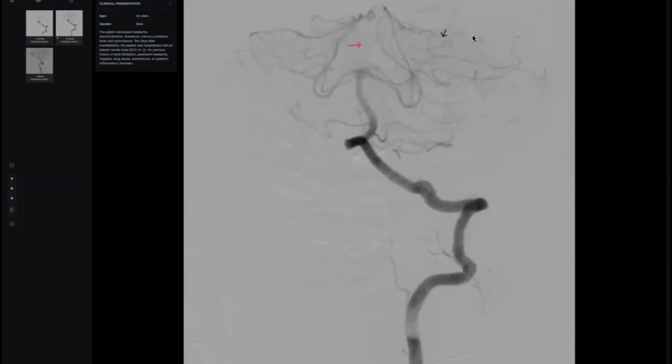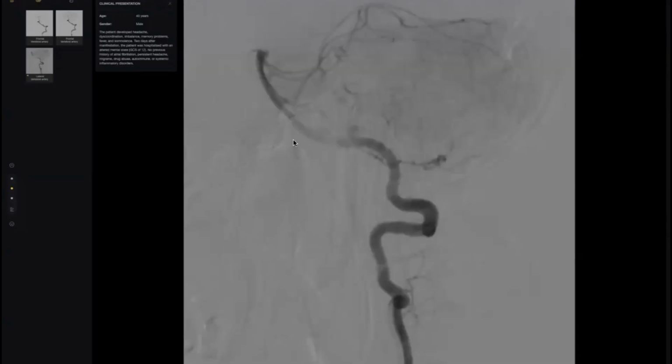There is diffuse narrowing noted on the left side, but I could not identify which vessel this actually is. On the left side there are more changes, and there is a paucity of vessels in the central part. This can be the superior cerebellar artery.